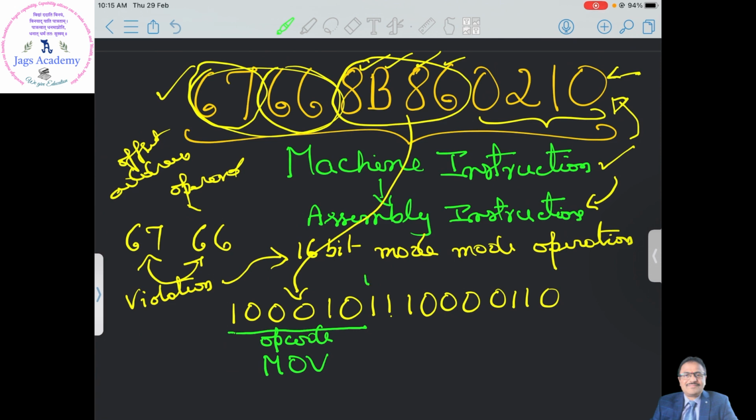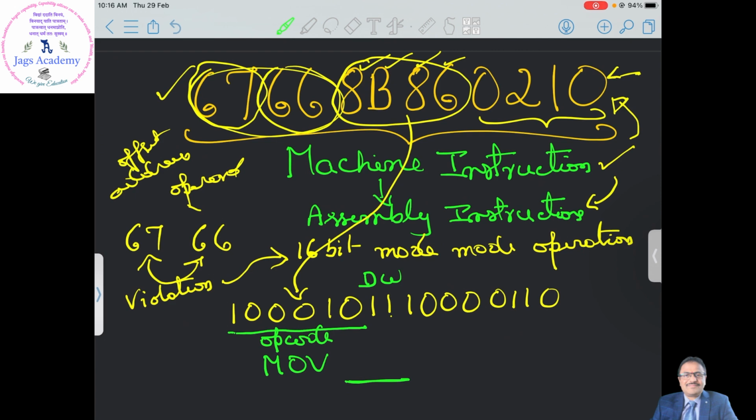So this is your D bit and this is your W bit. D bit 1 means data is going to the register, so what is going to come here is the register. W bit means it is definitely more than 8 bit. In this case it is 32 bit because there is a violation here for 16-bit mode of operation.